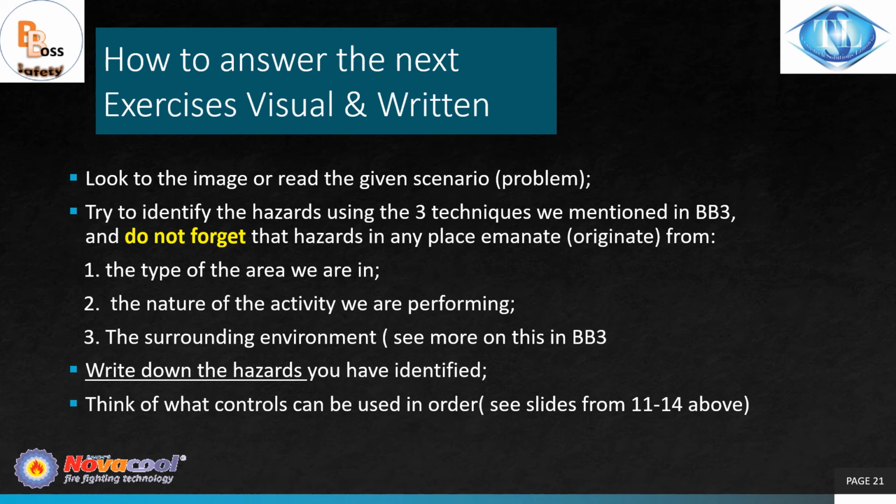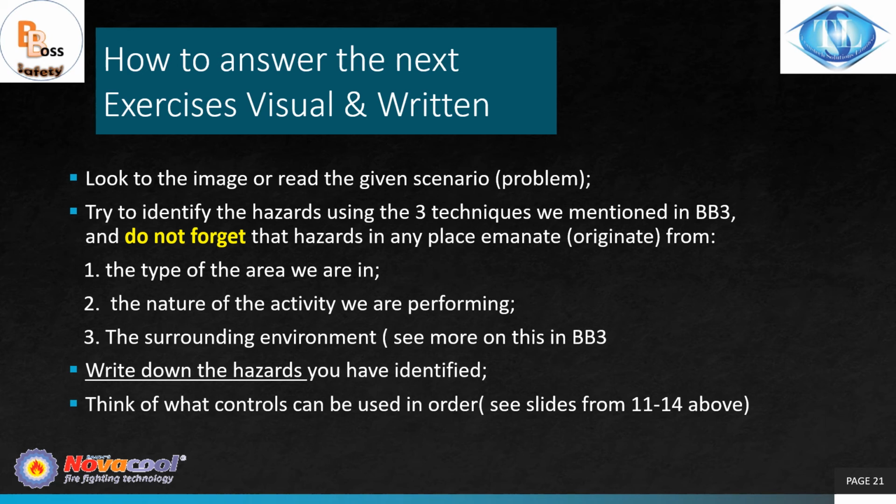And the second thing is, we are going to think of where this hazard will be. Don't forget what we said in BB3, that hazard in any workplace will originate from three sources.